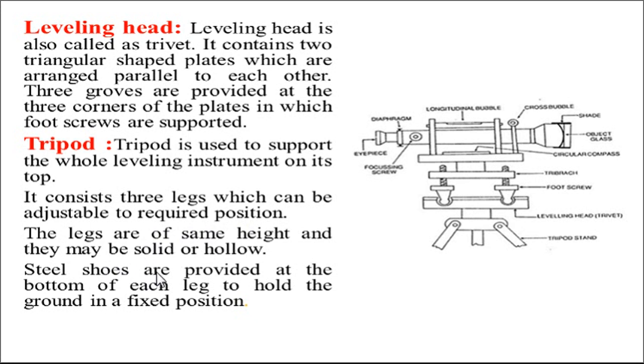Steel shoes are provided at the bottom of each leg to hold the instrument in ground properly or to fix the instrument or legs properly into the ground. So these are the 3 legs, and at the bottom of the legs 3 shoes or steel shoes are provided so that they can be fixed or inserted into the ground so that the instrument can be a stable one.